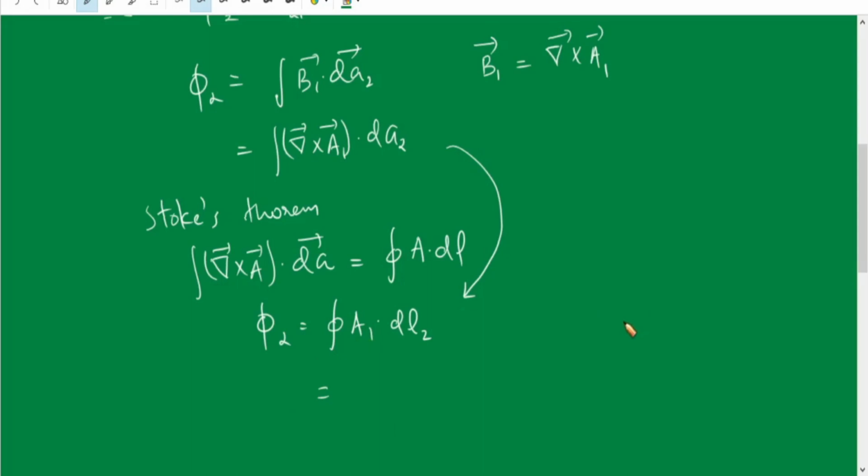Now we know this is the magnetic vector potential. This is analogous to the scalar potential in the electric field.